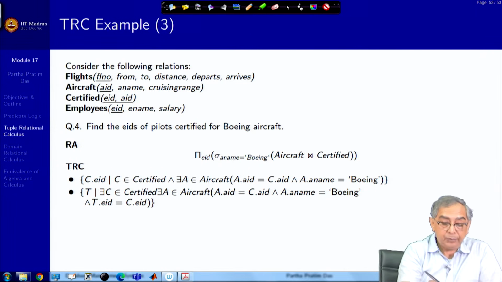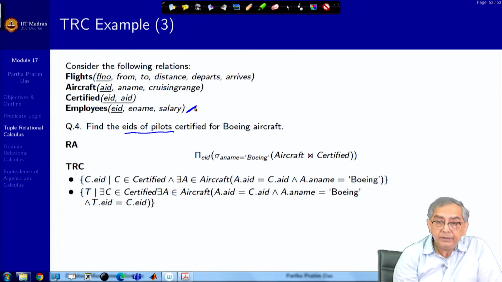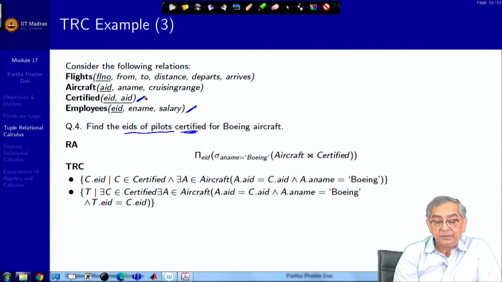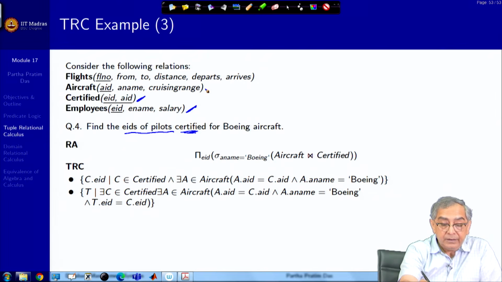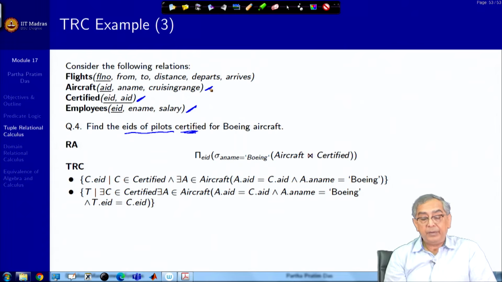Find the employee ID of pilots. This is your final result. Certified for Boeing aircraft. So, you need the employee ID, you need the certified table, you need the Boeing. So, all these will be involved.